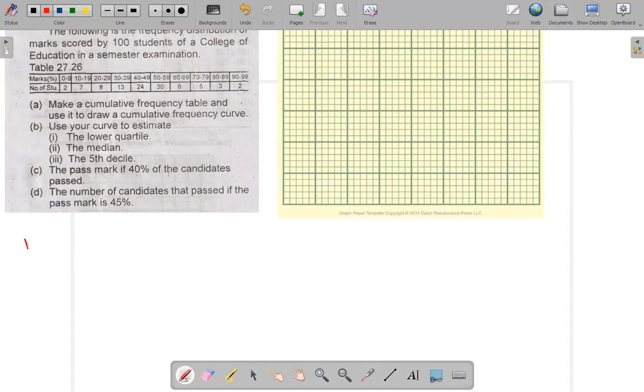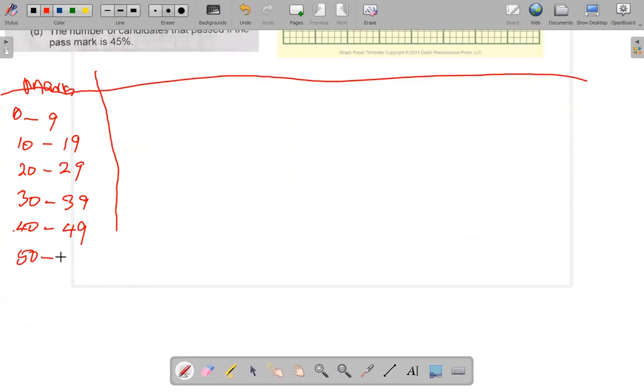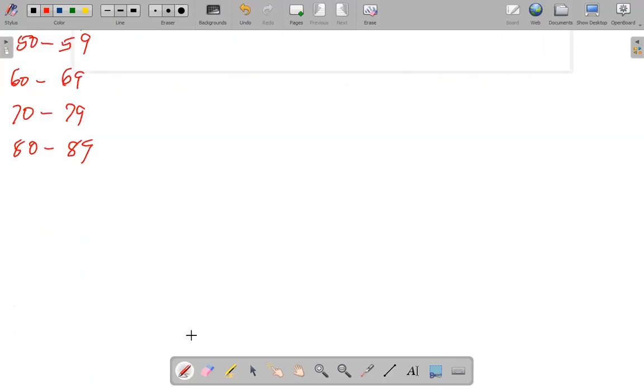From the mark, we have 0 to 9, we have 10 to 19, we have 20 to 29, 30 to 39, 40 to 49, and 50 to 59, 60 to 69, 70 to 79, 80 to 89, 90 to 99.